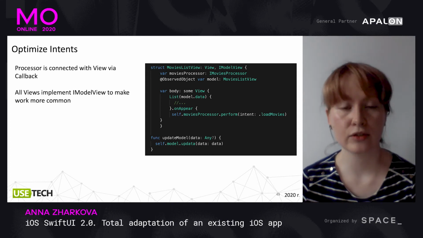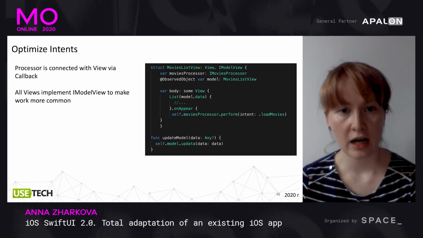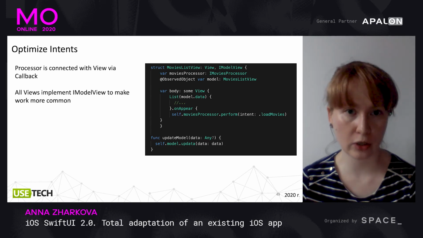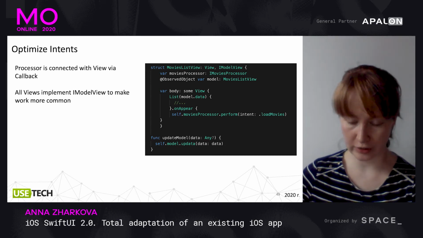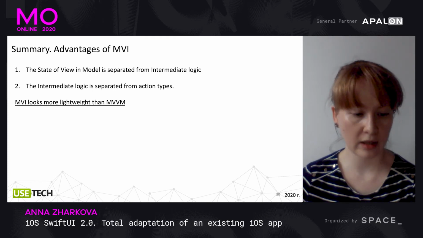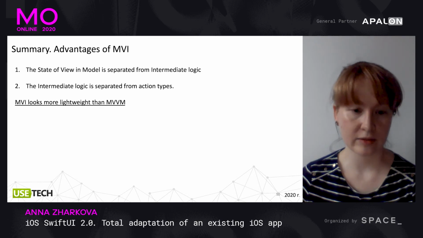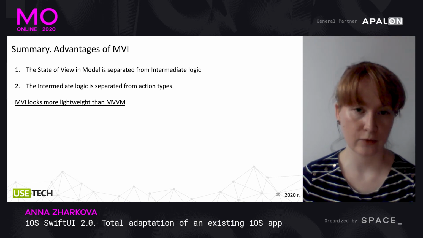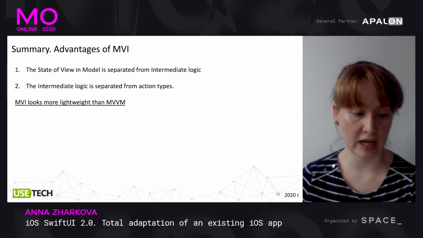It's a good idea for all models to implement a common protocol to share some common logic. So let's summarize. At the moment, we have the state of the view separated from the intermediate logic, and this intermediate logic is also separate from the action types.